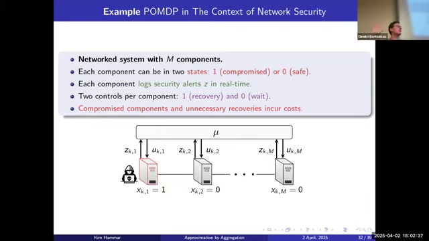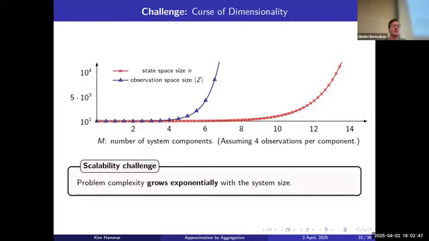And even for this very simple problem, I mean, this is really a toy problem, we run into this fundamental challenge that is very typical in this domain, and that is the well-known curse of dimensionality, where the complexity of the problem grows exponentially with the number of system components. So this is because we have typically at least one state variable per component and at least one observation variable.